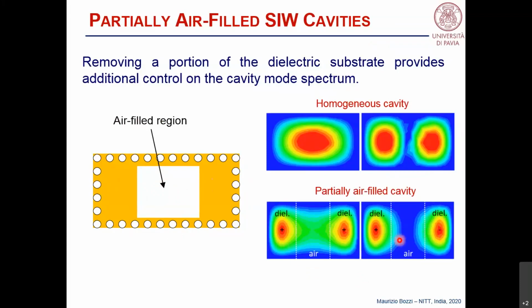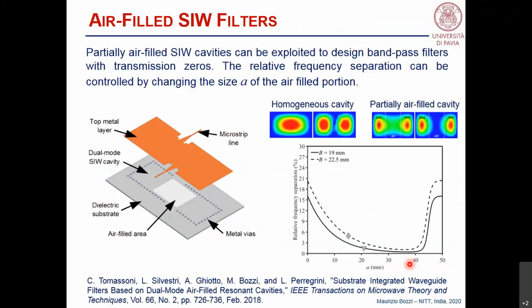And these 2 modes that are originally this and this that you see in the homogeneous cavity become quite similar, with the only difference that one has even symmetry and the other has odd symmetry. And also, they can go quite close in frequency.